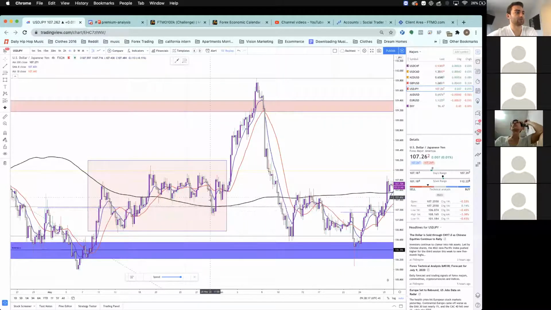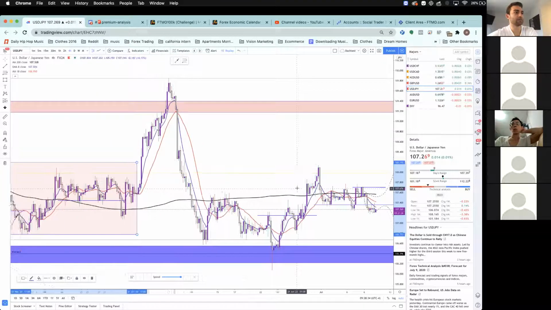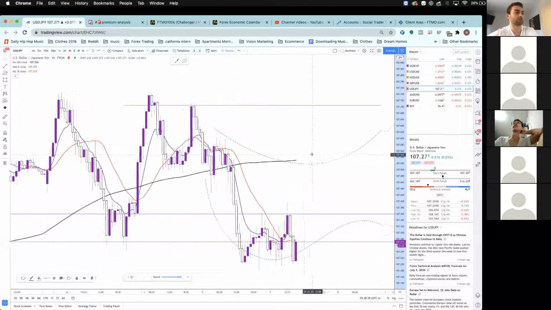Look at this, we broke below the same exact thing. We broke below this level. The same thing's happening right now. We break below, and then we had a lot of bullish pressure come in and send this thing bullish. So I just need more confirmation on this as I go down to the 1 hour time frame.